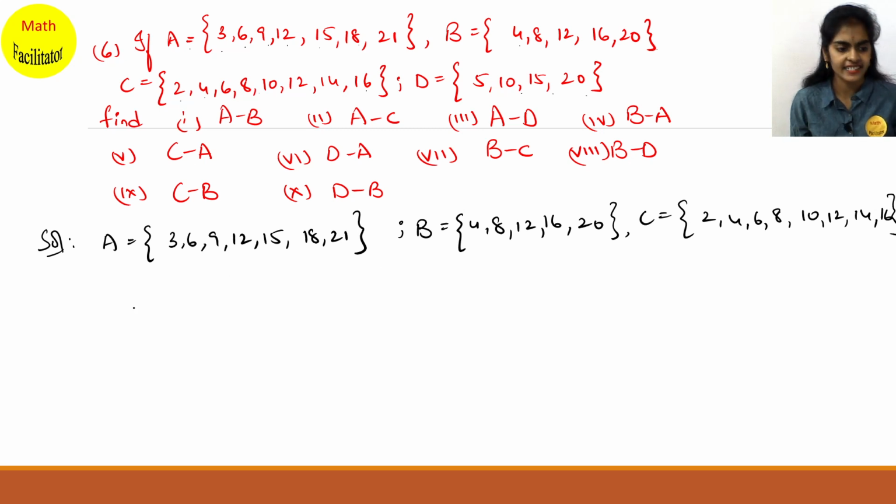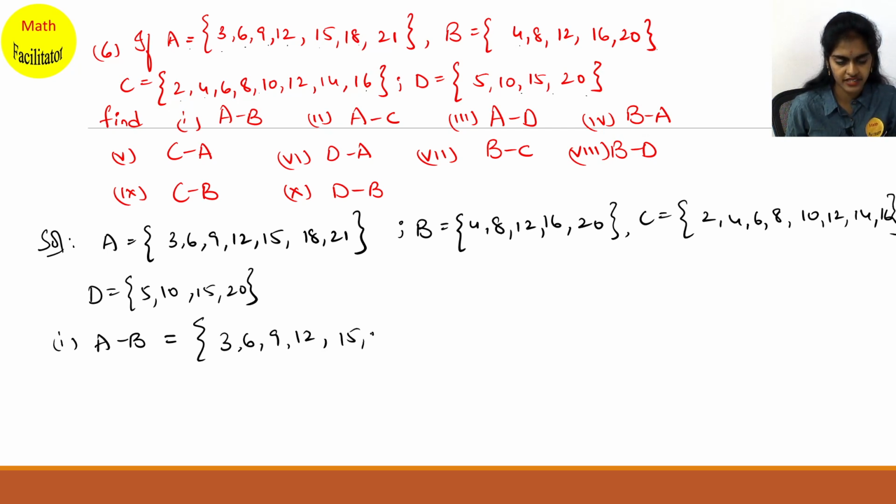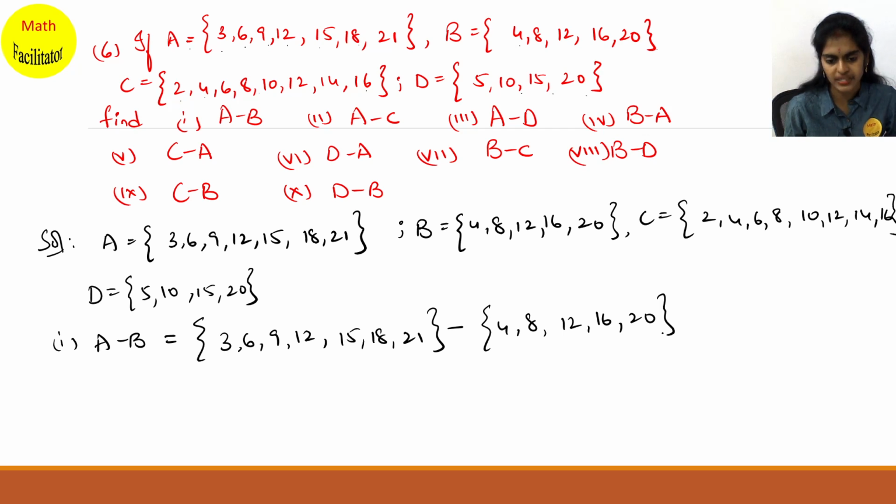And D is 5, 10, 15, 20. Firstly, you have to find A minus B. A minus B is nothing but, you will write all the elements of A. I'll do it stepwise. 3, 6, 9, 12, 15, 18, 21 minus B, which is 4, 8, 12, 16, 20.